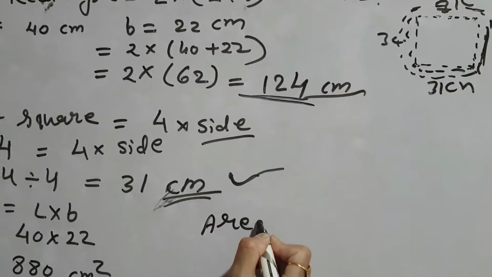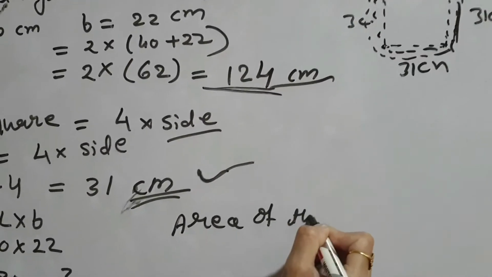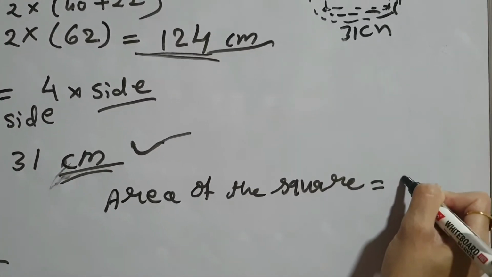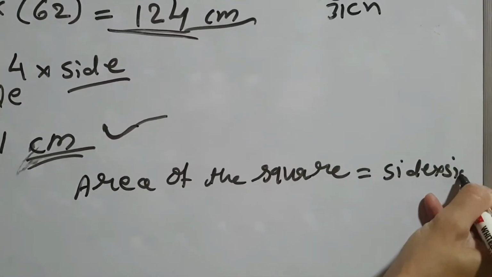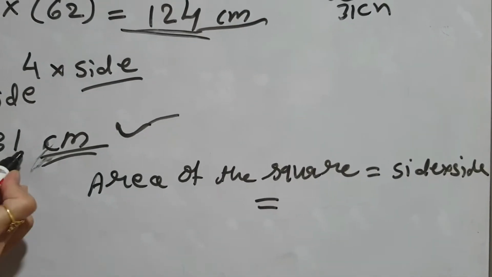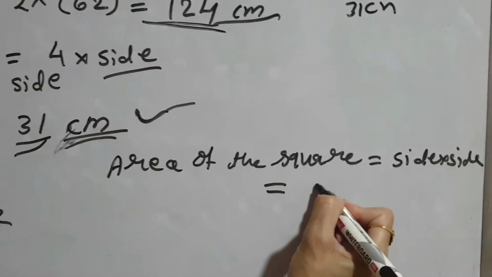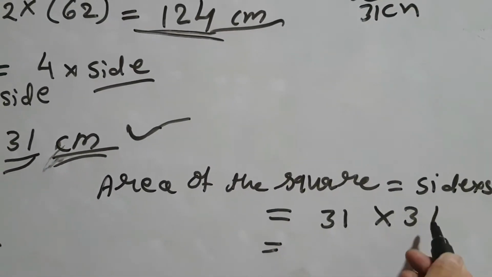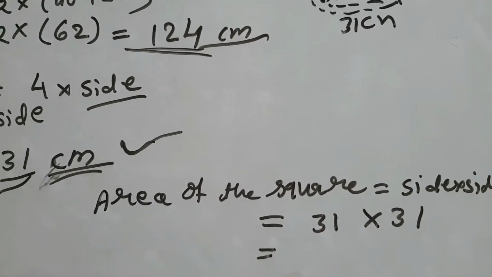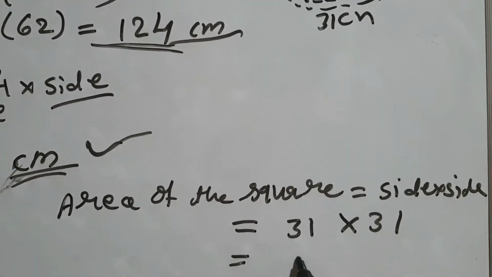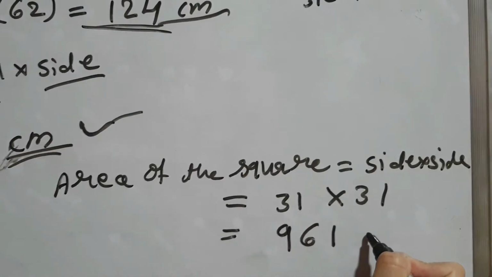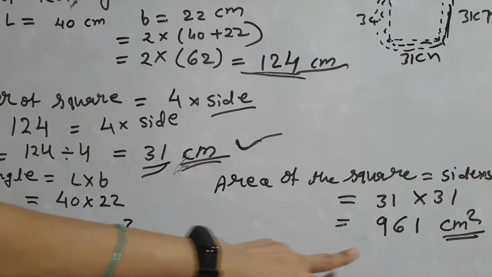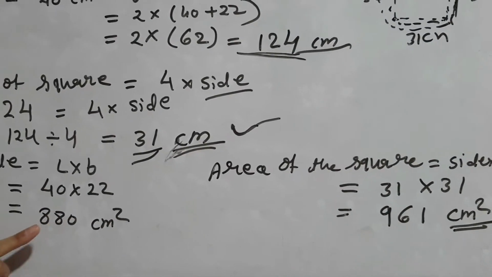Area of the square is side by side, and side we have found is 31 centimeters. So 31 multiplied by 31 is 961 square centimeter.